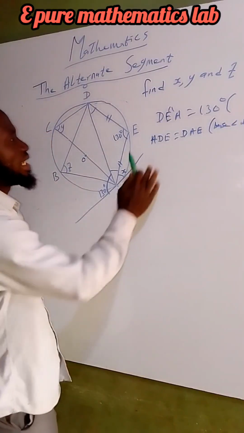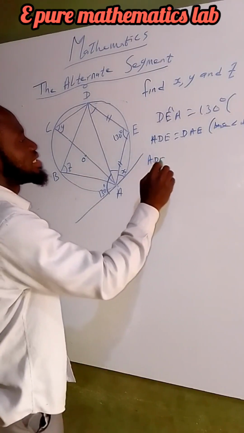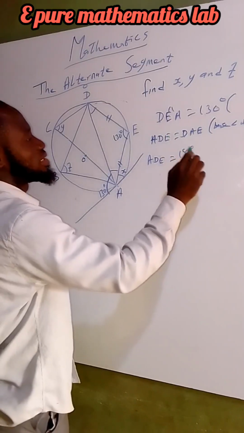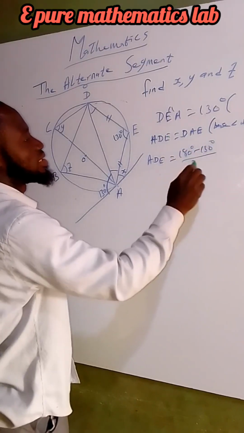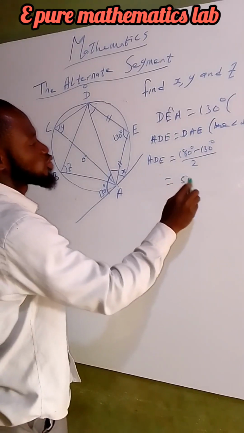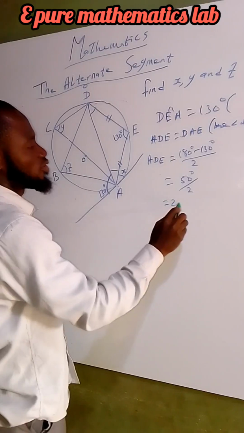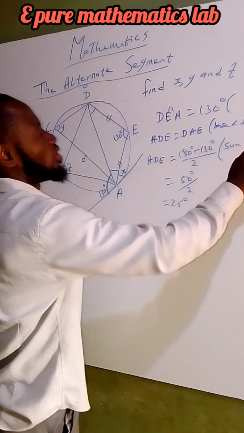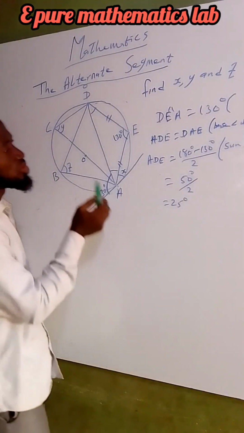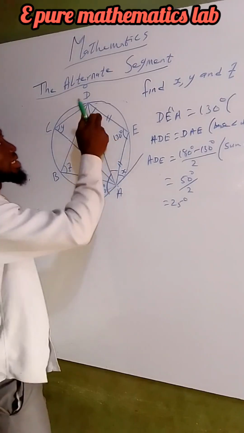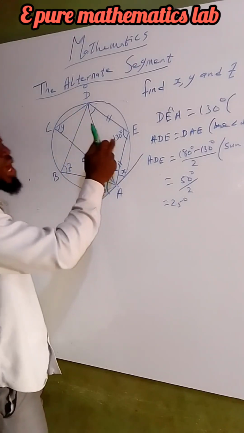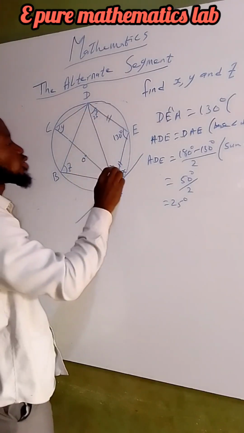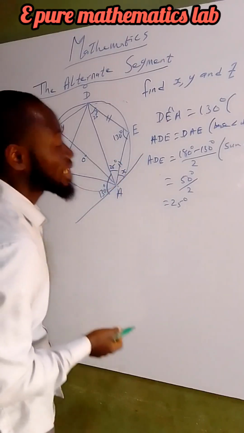If that is the case, then ADE is equal to 180 degrees minus 130 degrees, over 2. That gives us 50 degrees over 2, which gives us 25 degrees. The reason for this is the sum of angles in a triangle. Because if this is 130 and these two are the same, subtracting from 180 and dividing by 2 gives 25 degrees. This is also 25 degrees. Then that means I've determined the value of x.